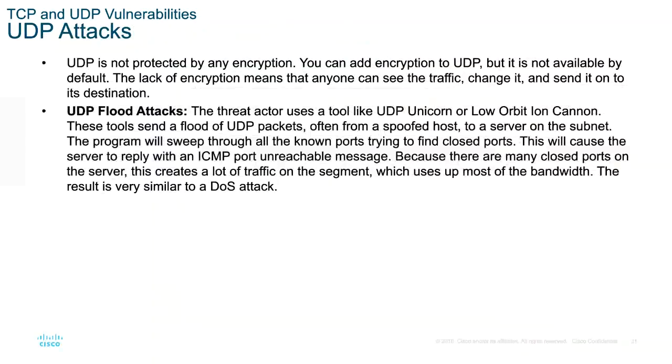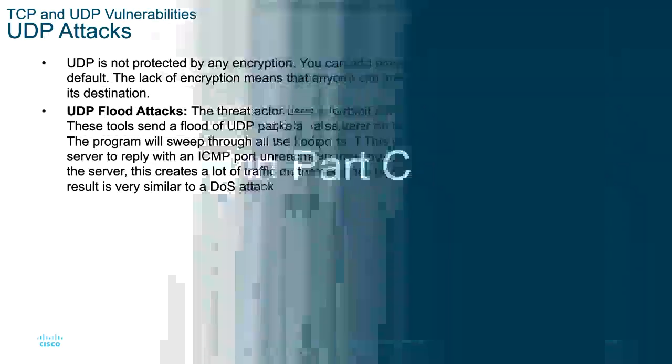So using Low Orbit Ion Cannon and other tools, we can flood UDP packets from a spoofed host to a server or a subnet, and then overrun those systems. Then we would get port unreachable messages being returned, and we would generate a lot of traffic clogging up the network, making it unusable or unresponsive.